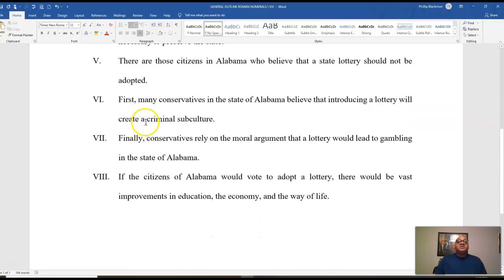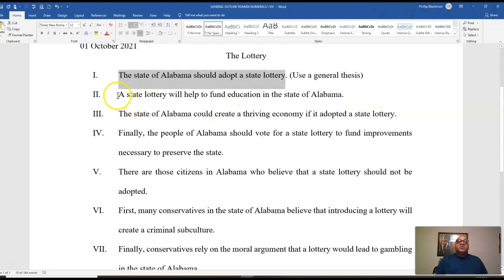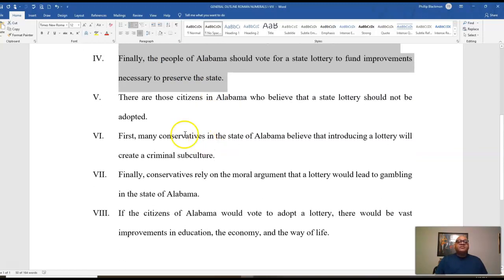Why do you want to give me your general points? Well, now that you have your general points on the outline, it's easy to see if you have a strong argument. You can go back through this. You can look at this. You can say, hey, here's my thesis. Here's the position I'm going to take. The state of Alabama should adopt a state lottery. Here are my 3 reasons that I'm going to use to support this.